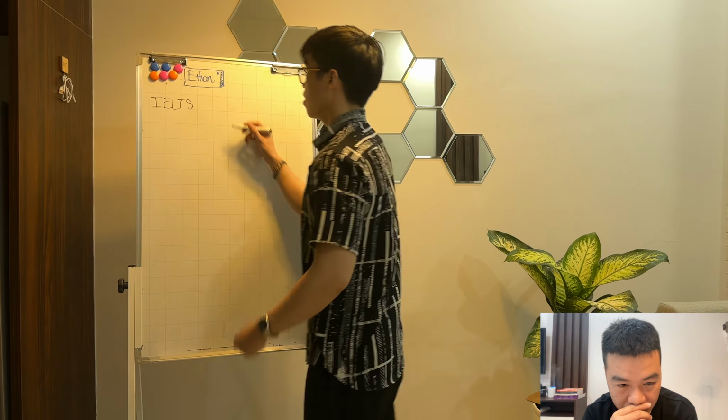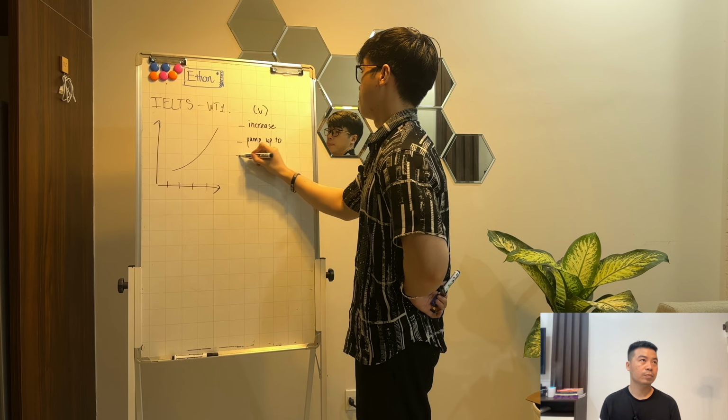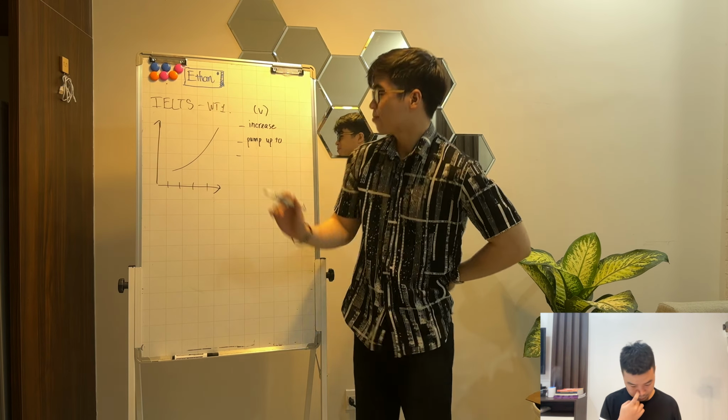Increase, đơn giản nhất là increase, xong rồi increase động từ nha. Up to. Với là 2 từ nữa thôi. Right. Rồi, anh thêm một vài nữa.